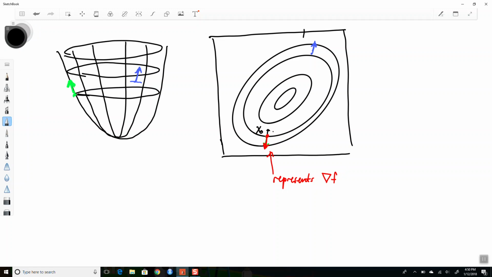This little thing is lambda times the gradient of f at x0, and our next point will be right here. When we do this, we end up getting a bunch of little arrows that slowly descend until we get to the middle. If we did the same thing on the other side, wherever we start, we would take little steps and end up converging to the lowest point.